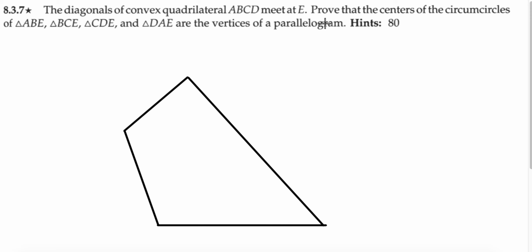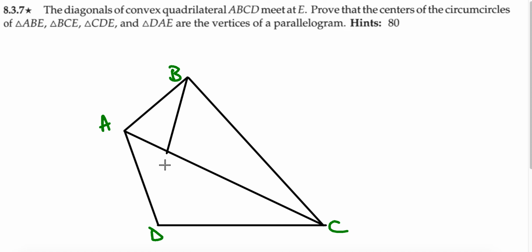Now, and then diagonals meet up at E. So here we have diagonals meeting up at E.